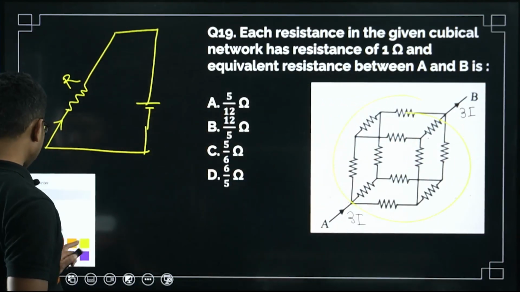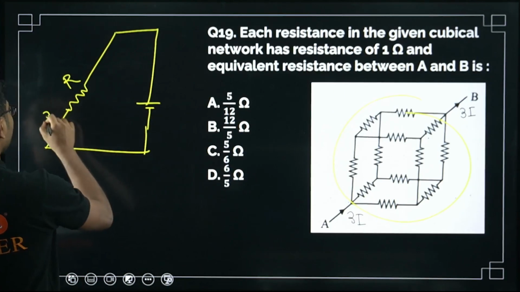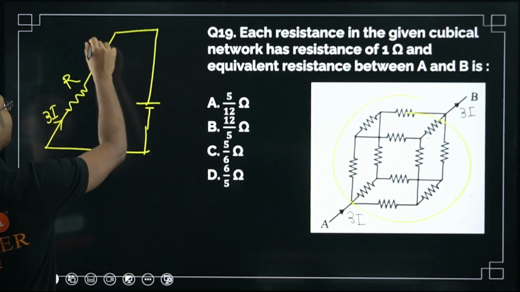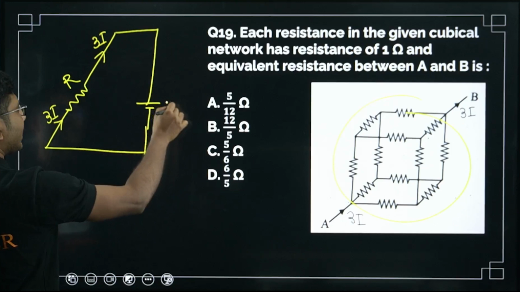So in this case the current that goes in will also be 3I. That's why it is called equivalent resistance, and the current that comes out will also be 3I.